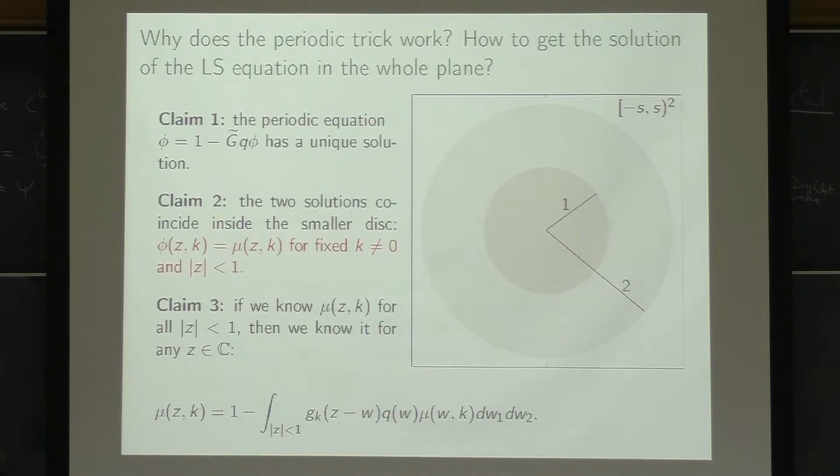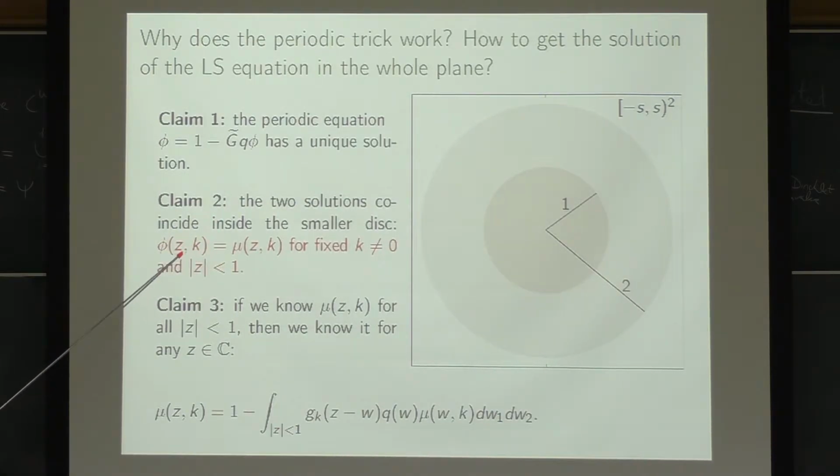And now, the nice trick about this is that, first of all, the periodic equation has a unique solution by Fredholm arguments. For uniqueness or injectivity, we can use the full space situation to show it.